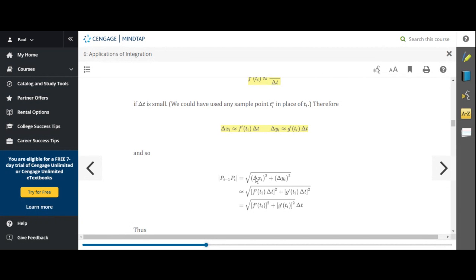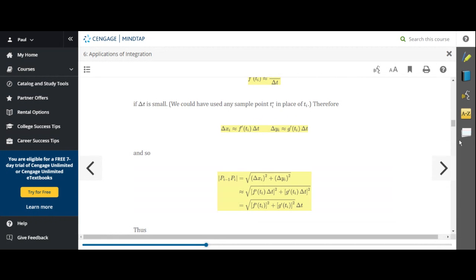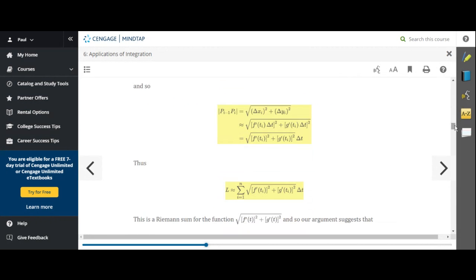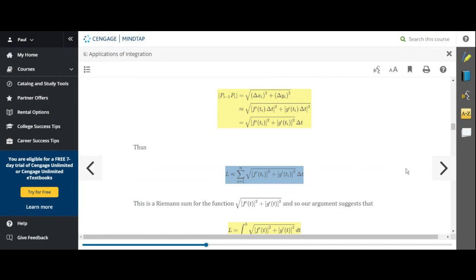And when we do that, through math, what they do here is factor out a delta t squared from both terms, and the square root of delta t squared becomes delta t. This gets them the approximation formula for the length of the arc, which is right here in blue.